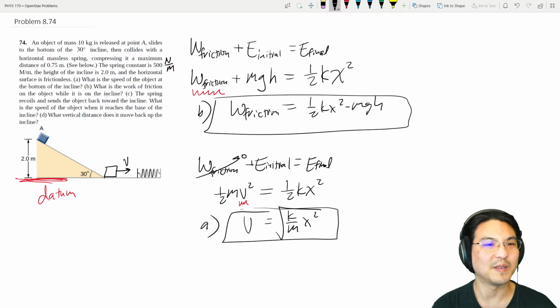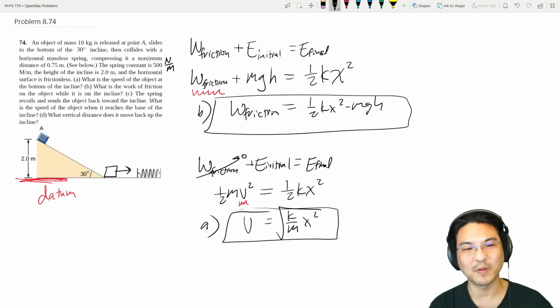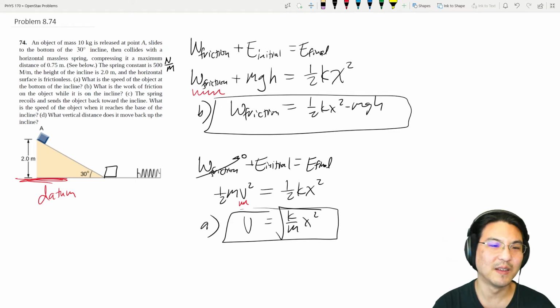Okay, part C, the spring recoils, sends the object back toward the incline. What's the speed when it's over here? So it's going this way, goes toward the right, bounces off the spring, goes back toward the left. Now it's going this way. How fast is this?